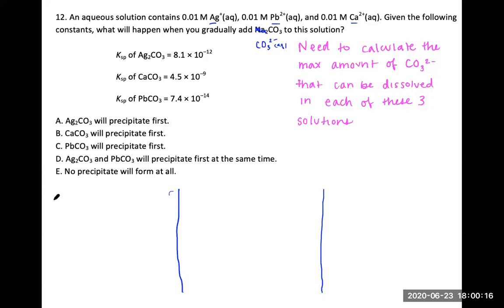So I'm going to go ahead and set up the KSP expression for silver carbonate, dissolving to give us 2 silver ions and 1 carbonate ion.